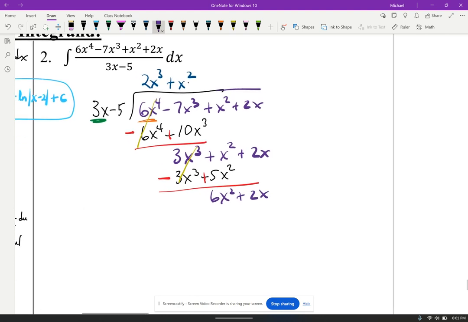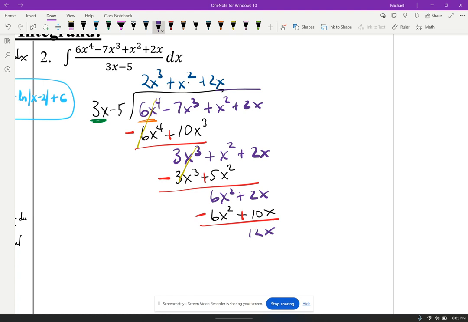And I keep going. What times 3x will give me that? That's going to be 2x. 2x times 3x, that's 6x squared. And then 2x times minus 5, that's minus 10x. Oh, but we have to subtract, so this is going to change signs. And so now I'm left with 12x.